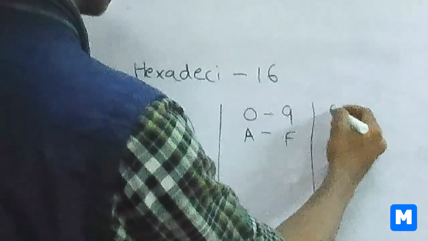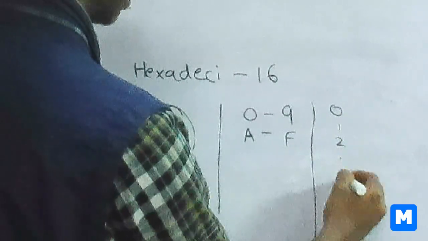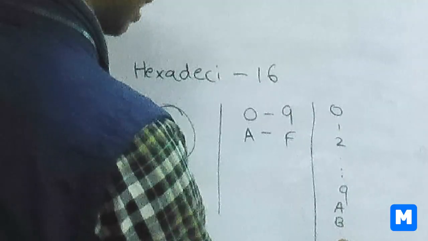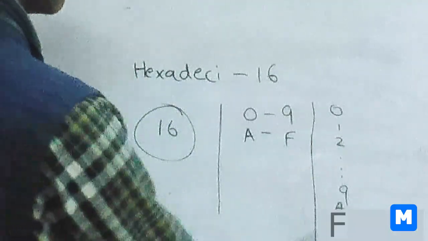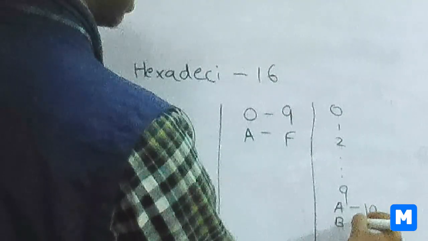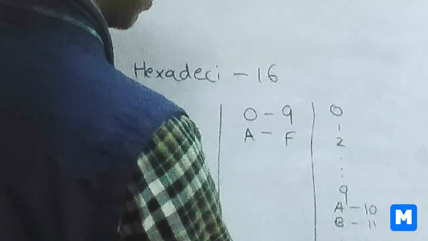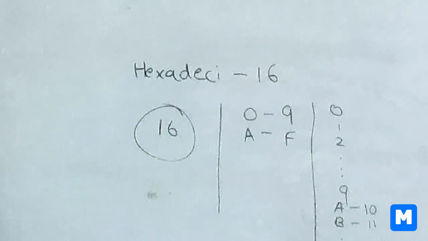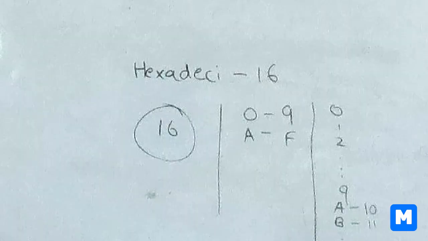So that would be your 0, 1, 2, so on until 9, and from your A, B to your F. Here your A represents your 10, your B represents your 11, your F represents your 15, and so on in between. So this is how a hexadecimal system works in short.